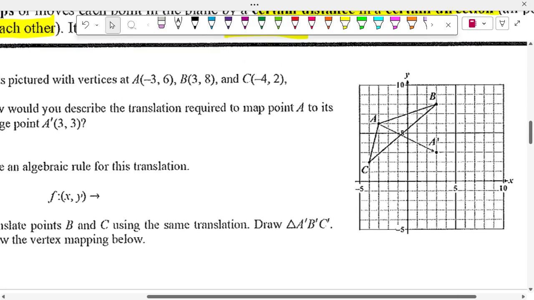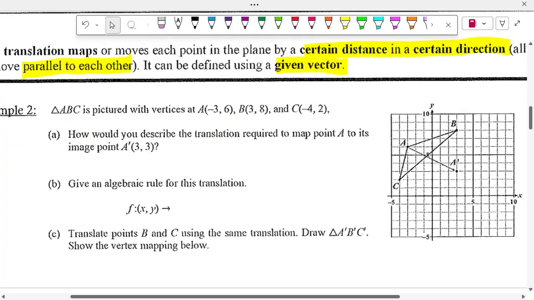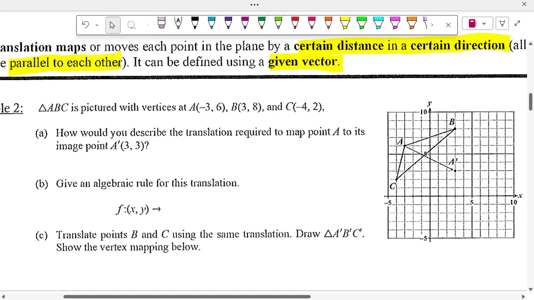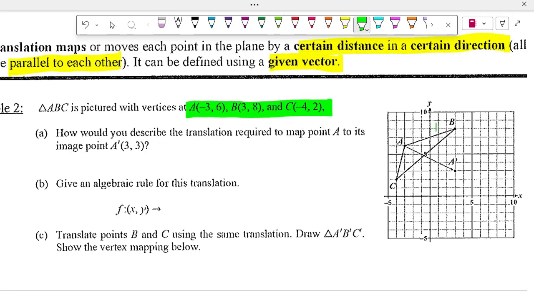So let's look at this next example. We're given these three points right here, A, B, and C, and they already graphed it for us over here. They also drew us a vector from A to A prime.